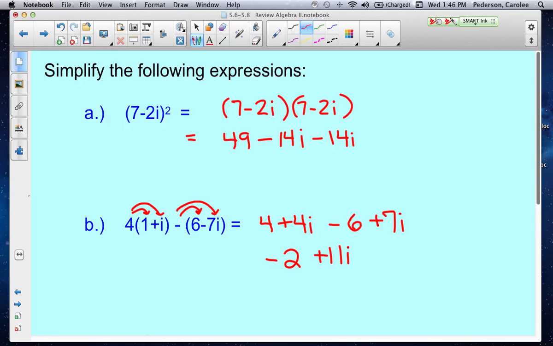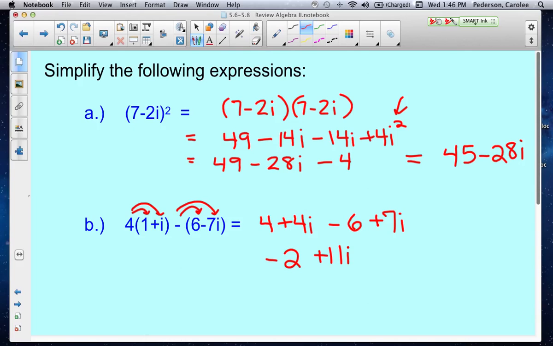And then -2i times -2i is plus 4i squared. And then combine your like terms: -28i. And then what happens with the i squared? It becomes a -1. Drop that i squared and change the sign. So we have one more pair of like terms there. 45 minus 28i.